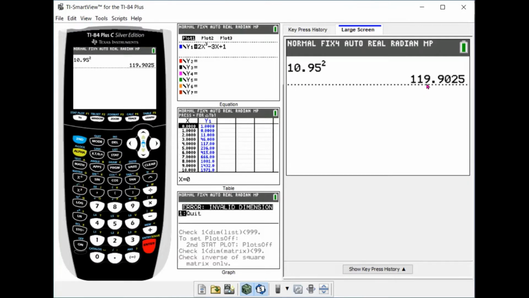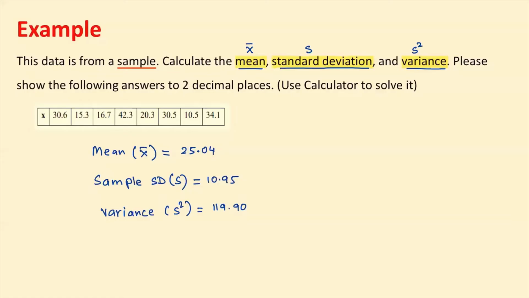So when we square that, we get 119.90, that is the variance. So you can see we got mean equal to 25.04, sample standard deviation 10.95, and variance 119.90. We use the calculator to solve this problem.